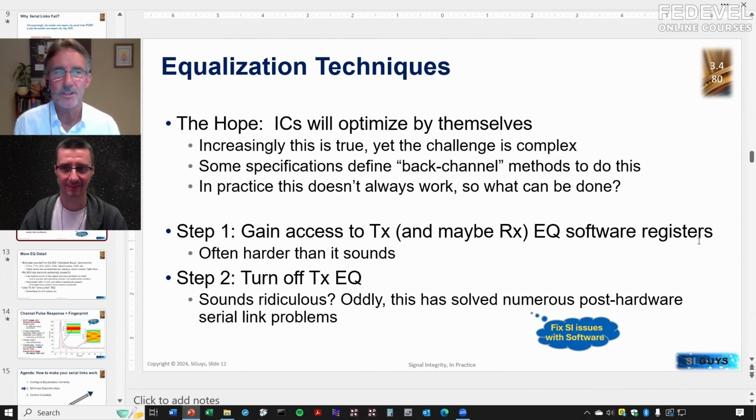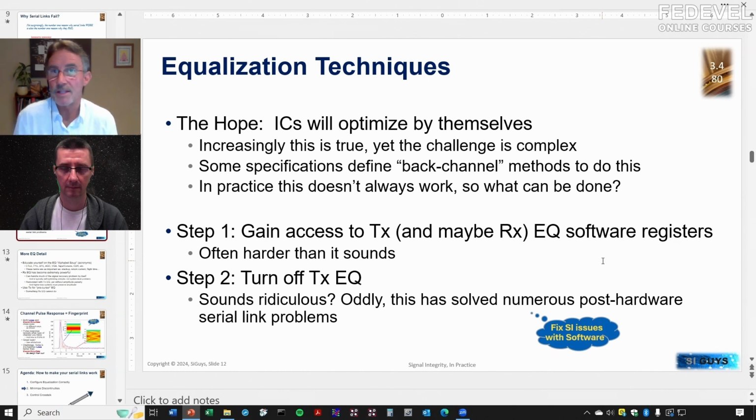I generally refer to this as firmware, right? Because sometimes at the standards level, they will tell you where this setting can be set, where this equalization can be set. So transmitters are going to have TX registers, receivers are going to have RX registers, that are going to try to set themselves, but you can come in and set them.